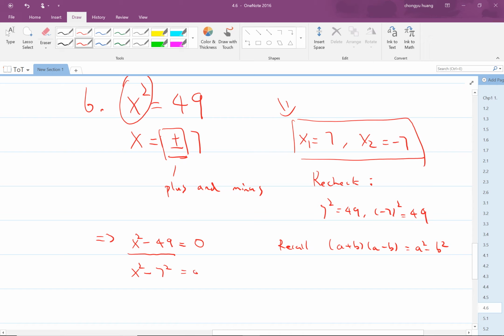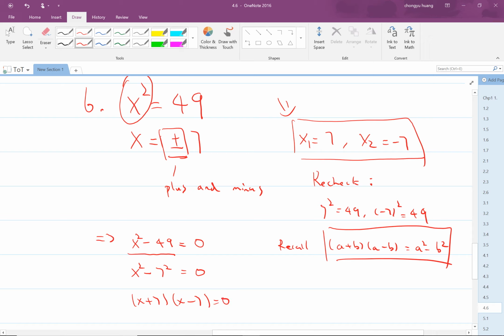Sorry, let me write it a little more clearly. We know that 49 is equal to 7 squared, so you are able to apply the property over here. You write x plus 7 and x minus 7, right?